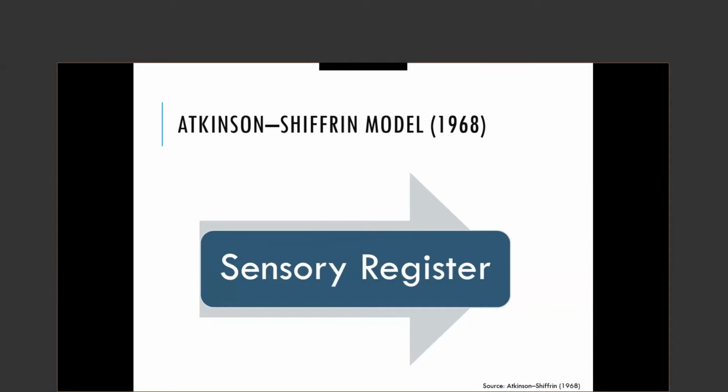The first of those is the sensory register, essentially our senses, the way we perceive the world and capture information. Needless to say, this is the mechanism that gets affected by physical disabilities and gets addressed by universal design for learning principles.